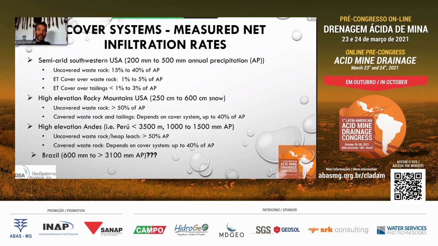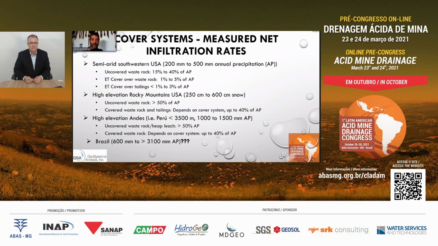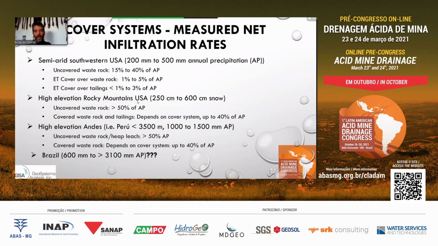And that's because the tailings will hold up the water, it's finer grained, and it keeps the water from percolating down into the waste as compared to waste rock, which is higher permeability. High elevation Rocky Mountains, USA, this is anywhere from 250 centimeters to 600 centimeters of snow, okay?